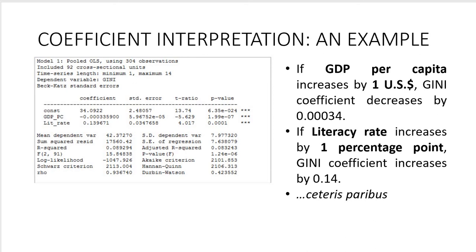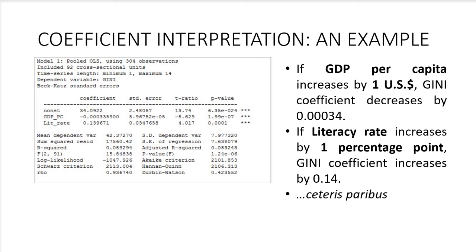Here, Gini is indeed a coefficient, so there are no units for measurement. Again, we assume ceteris paribus, meaning that literacy rate remains the same. Analogously, if literacy rate increases by 1 percentage point, Gini coefficient increases by 0.14 ceteris paribus, or assuming that other variables do not change, their values are fixed.